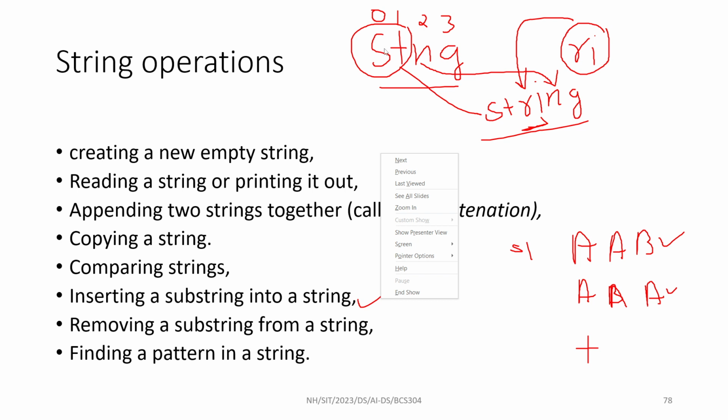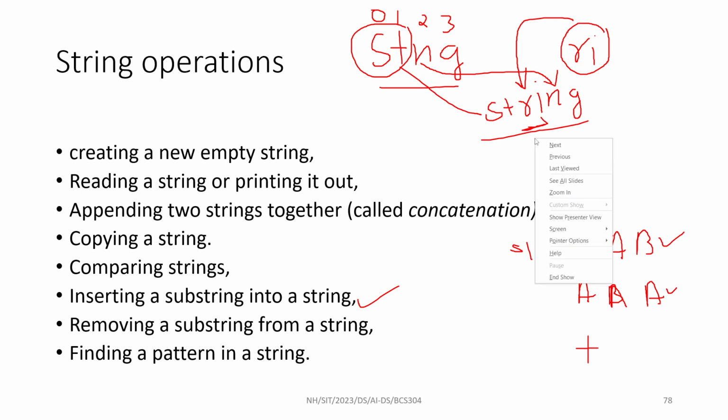Okay. So string is my input string, ri is the second string. I'm going to insert ri in the second place. The first two places are common. Next ri takes the position, then the remaining characters.